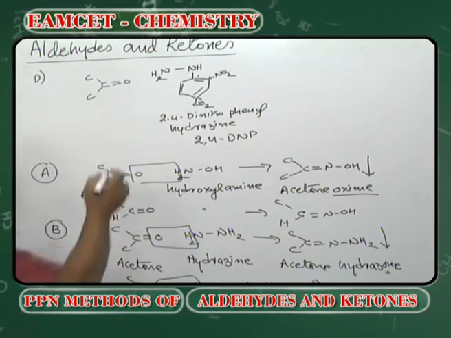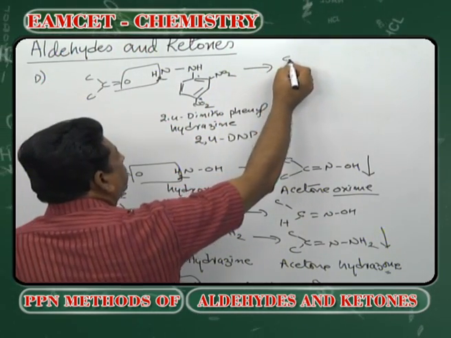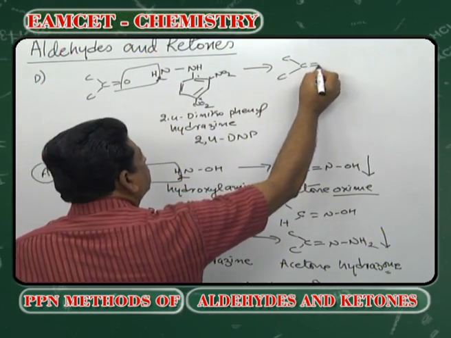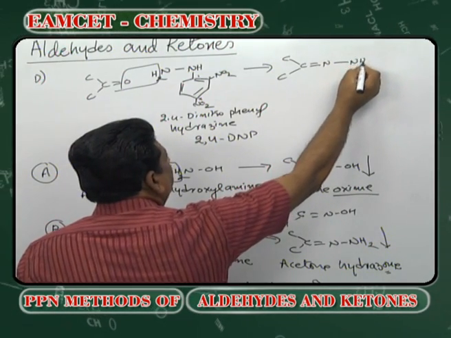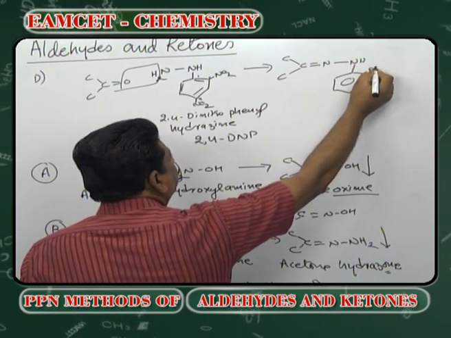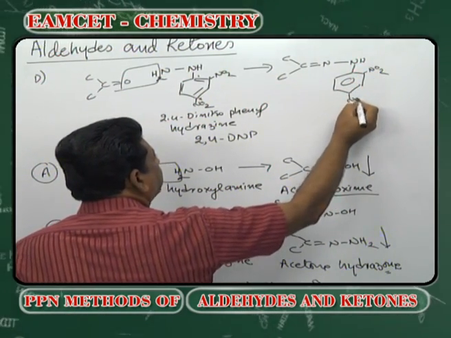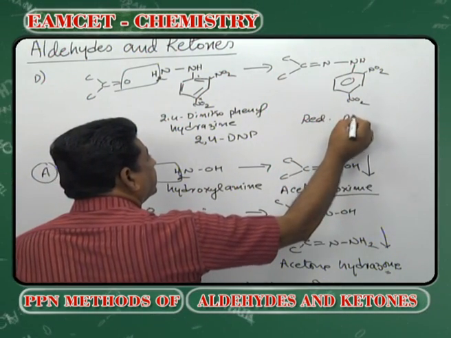Then the O and the H2 will be removed. What you will get is now a big compound, but it is nothing but the continuation of the previous topic. You will get a phenyl with the 2-nitro. Here we have one fortunate point: this compound is an orange to red colored precipitate.